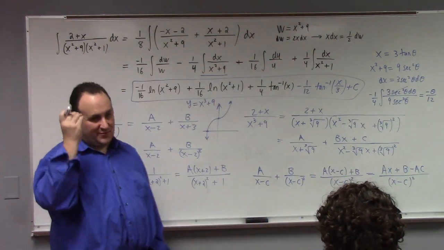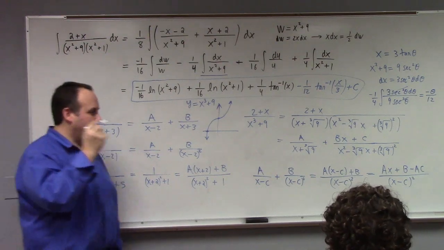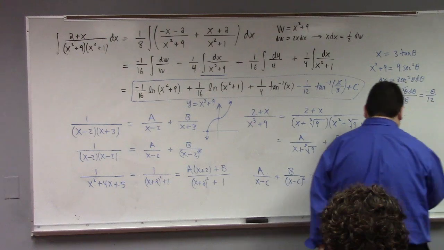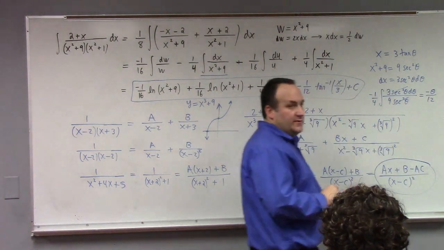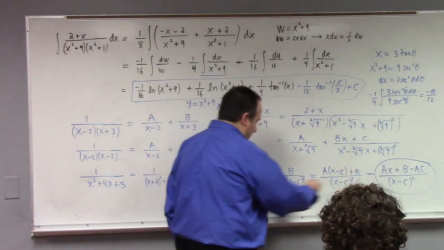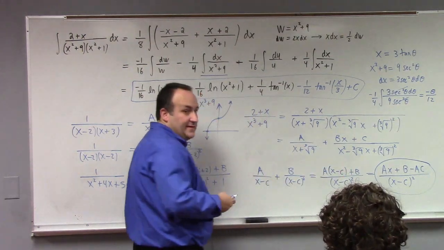So you have to ask yourself the question, if I start with an arbitrary thing of this form, what does it go back to? The answer is, by this algebra in reverse, something like this plus something like that.